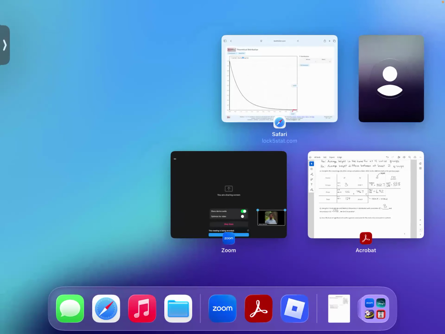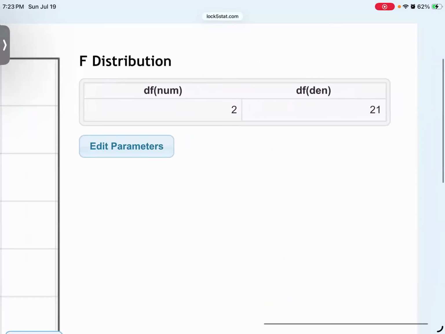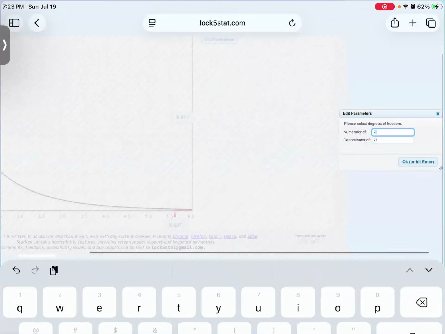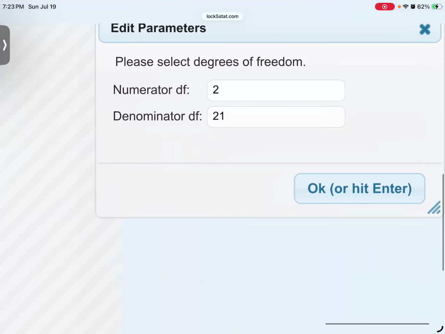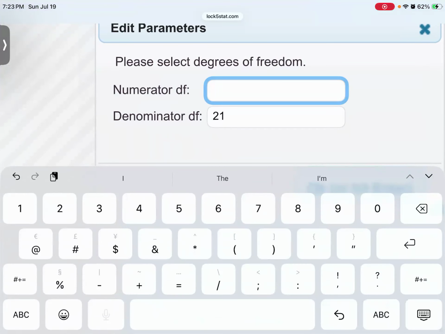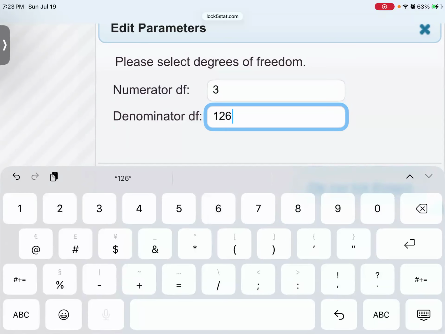So let's hop over to here. Do we need to change this? Yes, we do. Edit the parameters. Let me find where they went. There, I see them over there. We have to change these to 3 and 126.